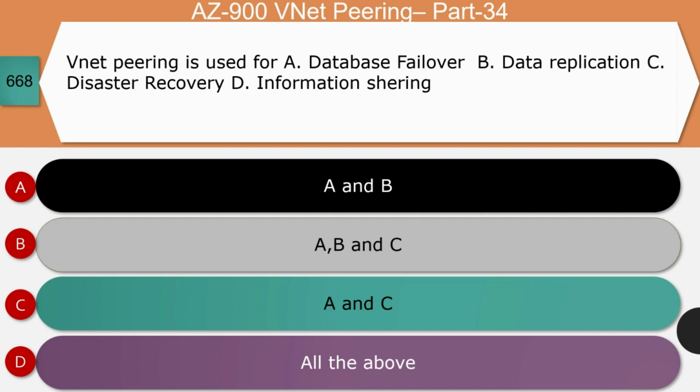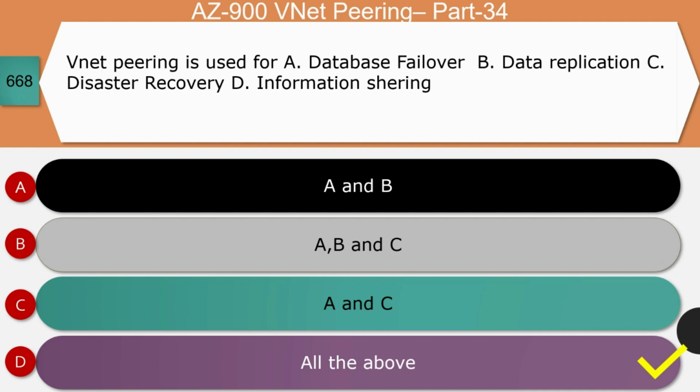Next question, VNet pairing is used for option A, database failover, option B, data replication, option C, disaster recovery, option D, information sharing. Which among the options like A and B, or A, B and C, or A and C, or all the above are correct? The right answer for this question is all the above.